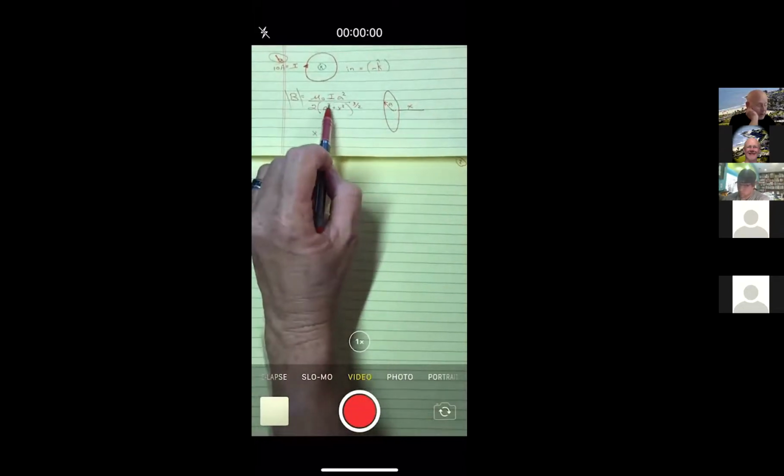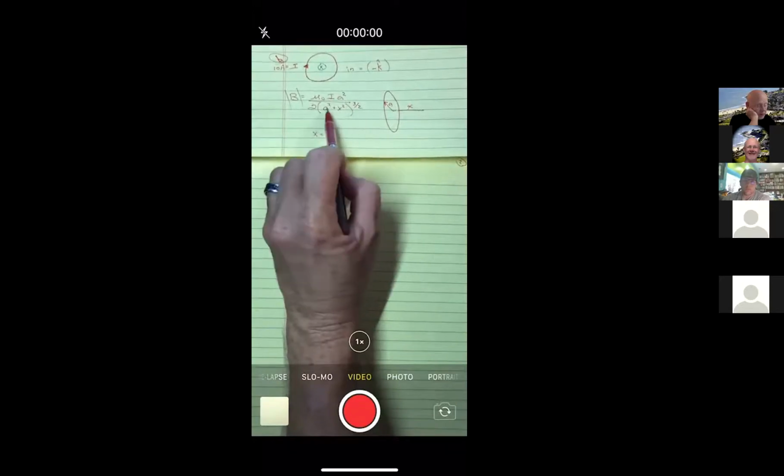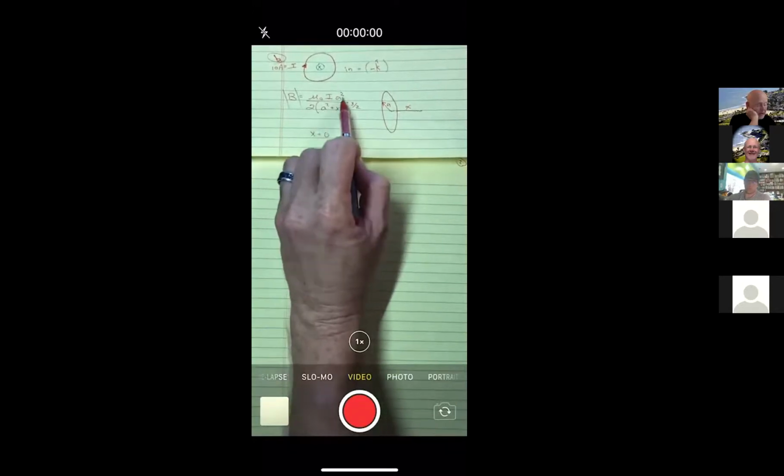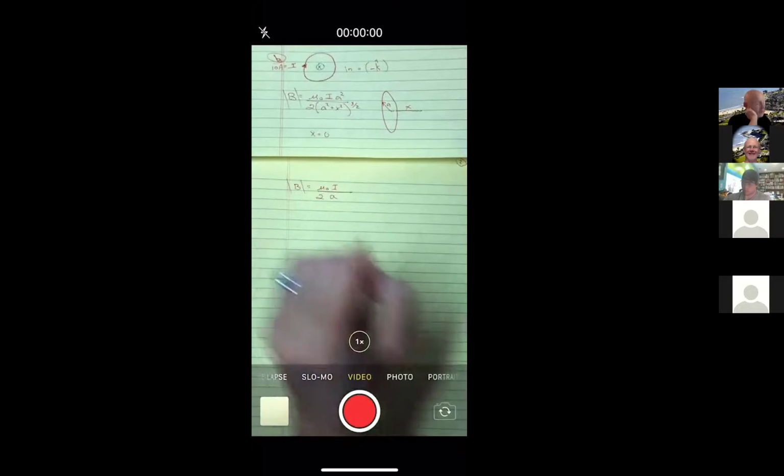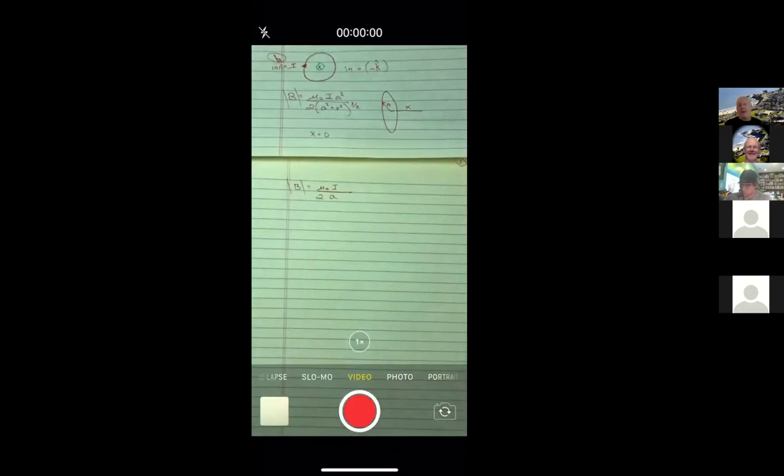I have A squared, but this is taking the square root, so that's just A, and that's A cubed, but I got an A squared up there, and so ultimately I'm just left with one single A downstairs. So this is the equation for a single loop, with A being the radius and I being the current.